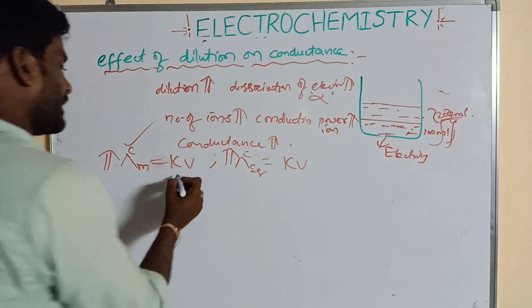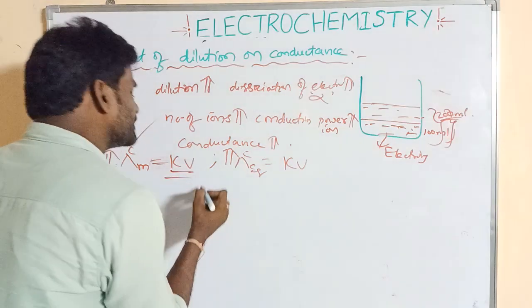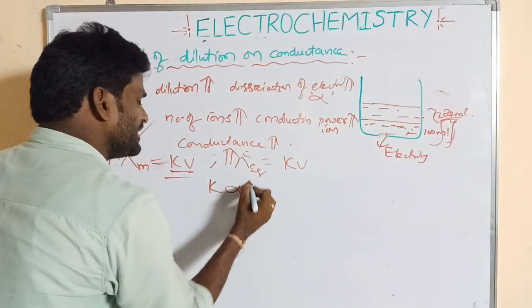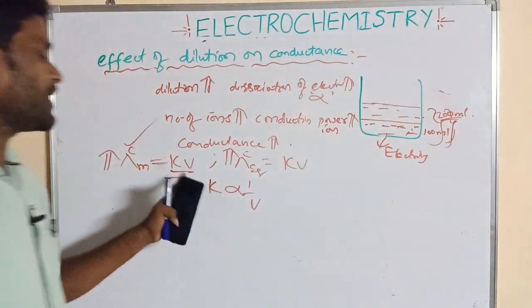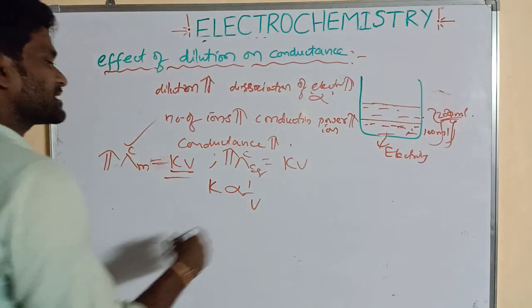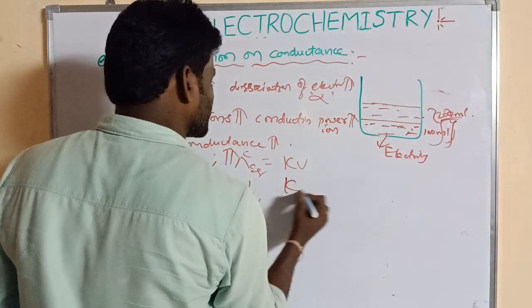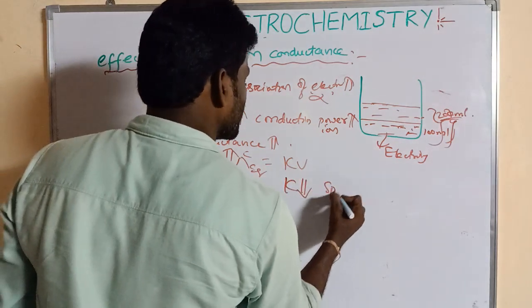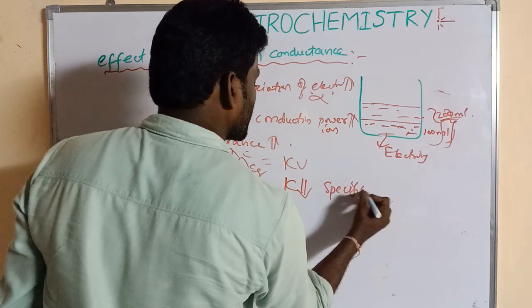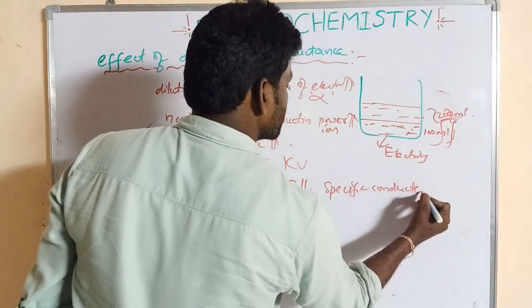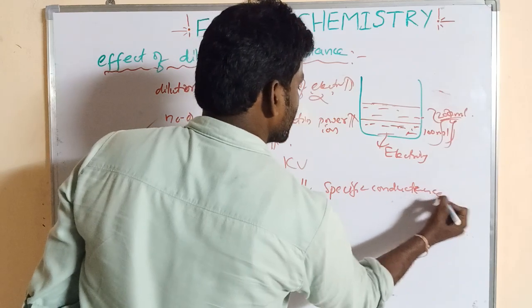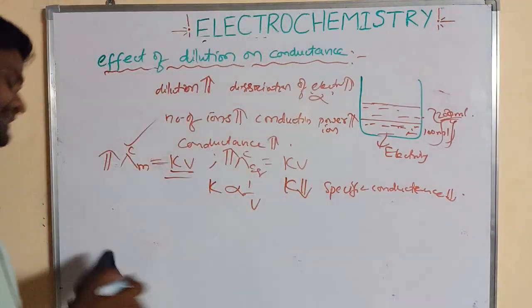Now here kappa and V are present in inversely proportional relation. If the volume increases, kappa decreases. That means specific conductivity kappa decreases. So specific conductance decreases, like conductivity decreases.